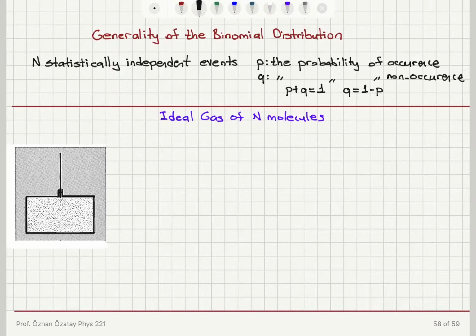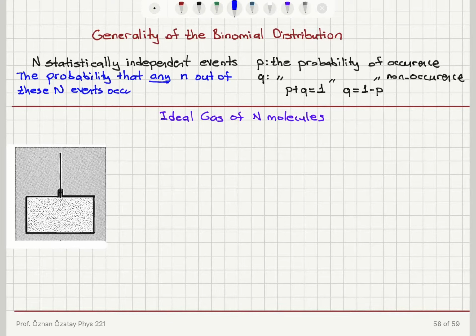Okay, so the probability that any, which is an important word here, n out of these capital N events occur is given by the binomial distribution.